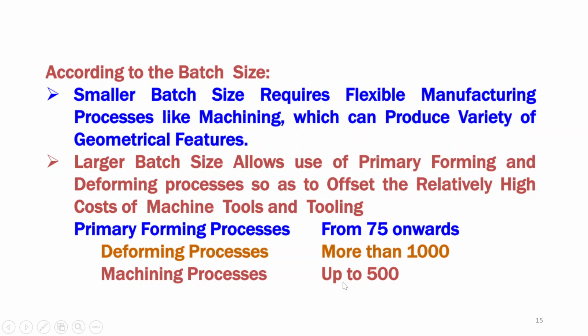So based on the number of units you require, they have provided optimum options. If you require more than 75 units, you choose primary forming processes, if more than 1000, then deforming processes, and up to 500, it is suitable for machining processes.